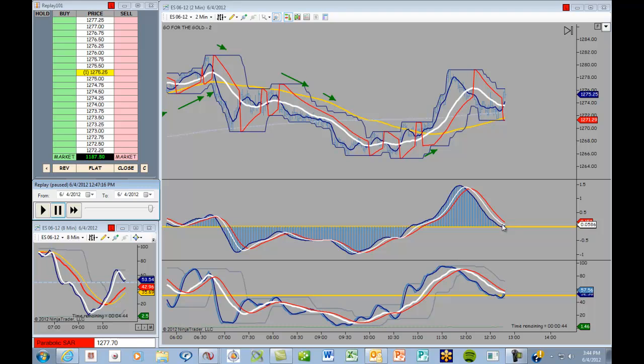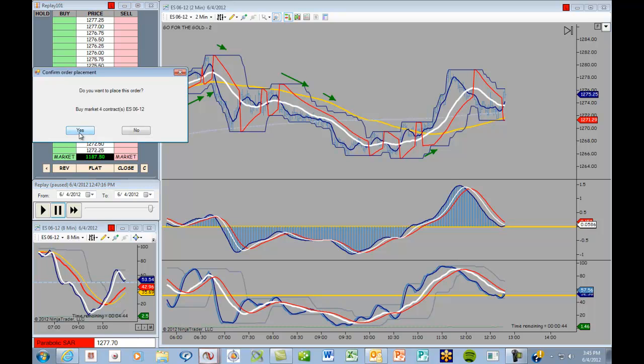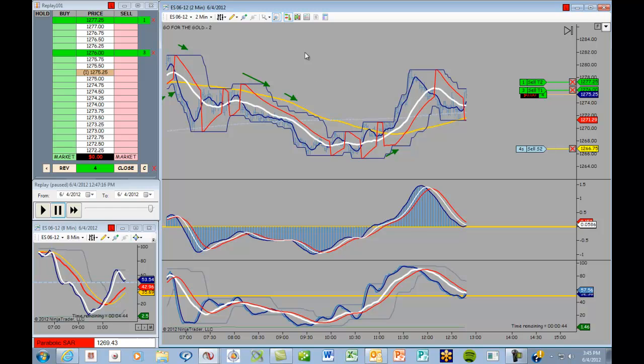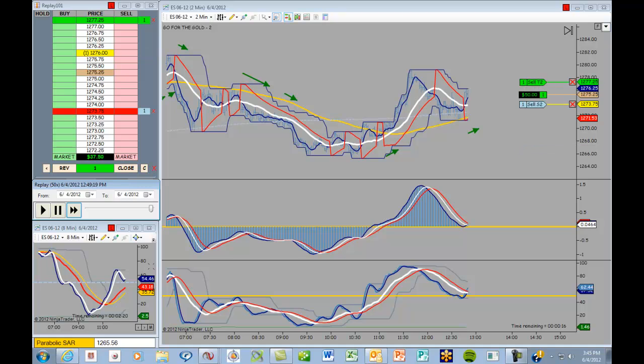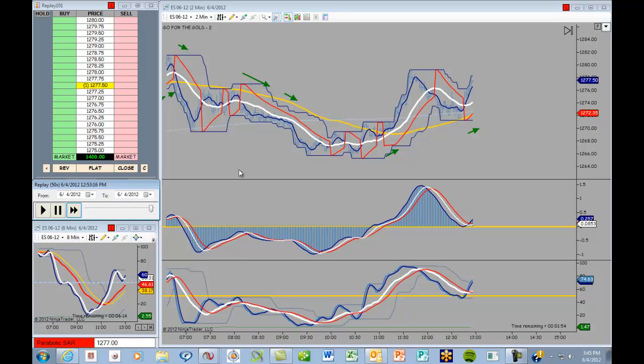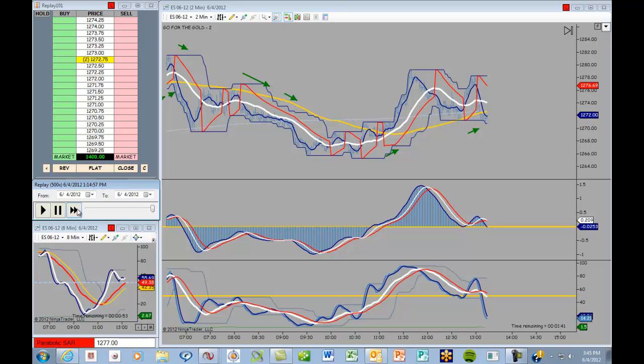Stochastic and MACD are about to. All in the direction of the trend. Okay, and we're almost to 1 p.m. on the replay clock, so let's just speed up here and run it out.